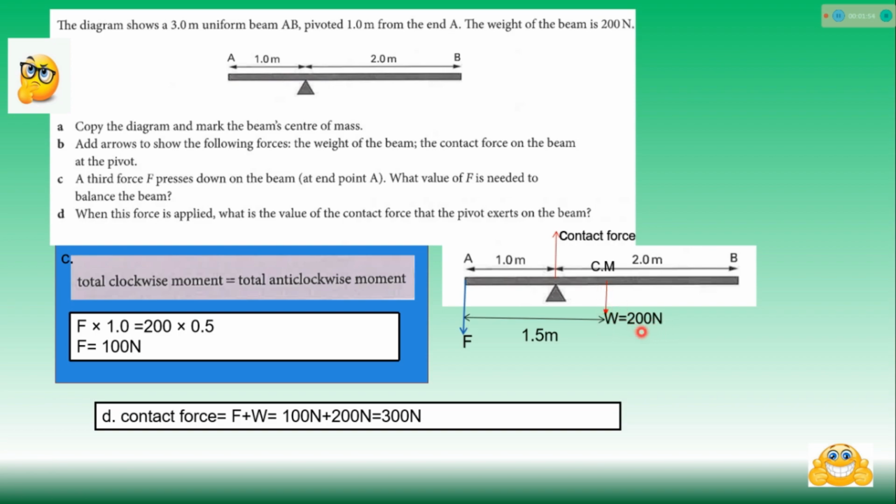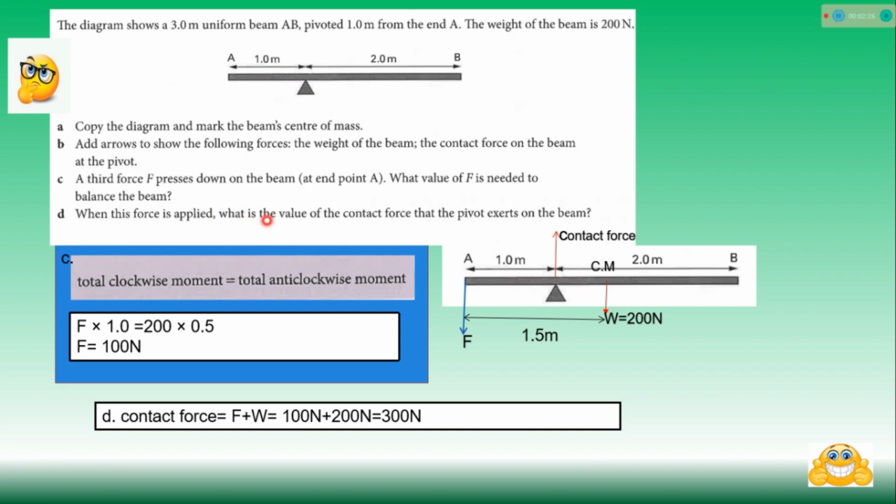So the clockwise moment is 200 Newton multiplied by the perpendicular distance from the pivot. The weight is acting at 1.5 meter, and 1.5 minus 1 gives you 0.5 meter. So 200 multiplied by 0.5, so force F is equal to 100 Newton.